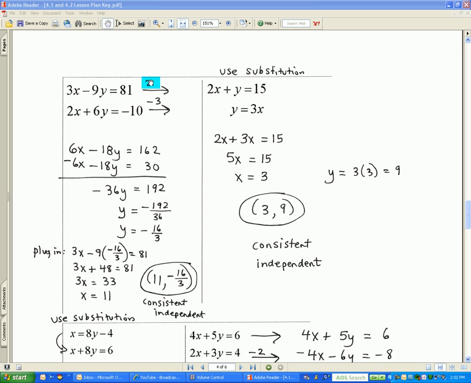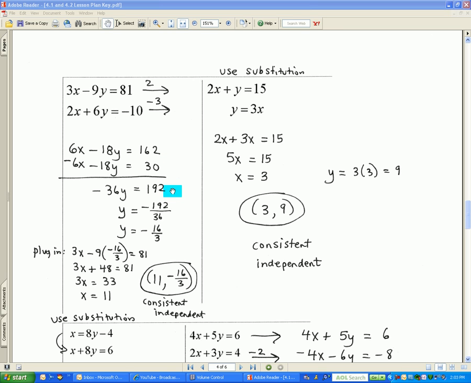So let's do it. The top equation times 2 becomes 6x minus 18y equals 162. The bottom equation multiplied by negative 3 will become negative 6x minus 18y equals a positive 30. When I add them together, the x's eliminate.